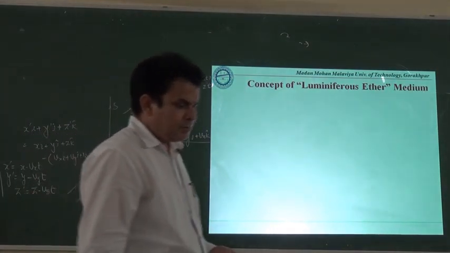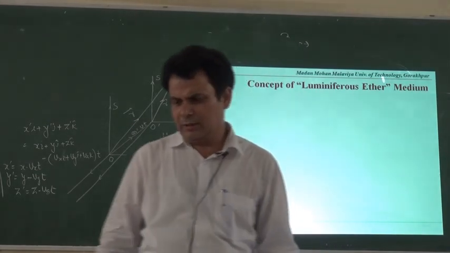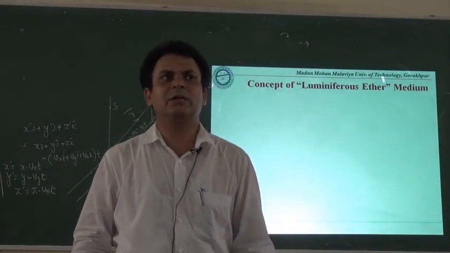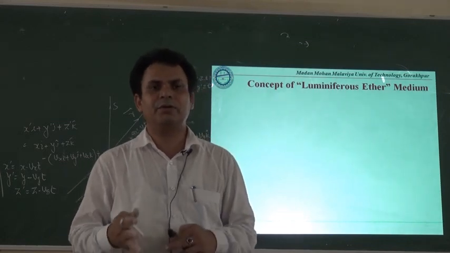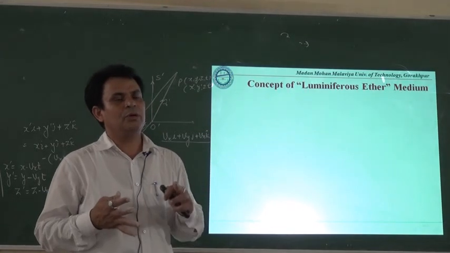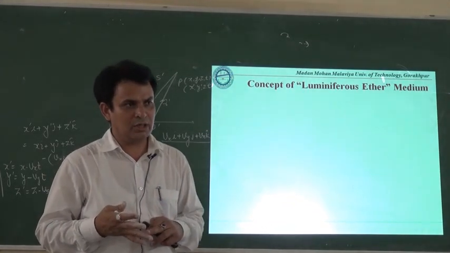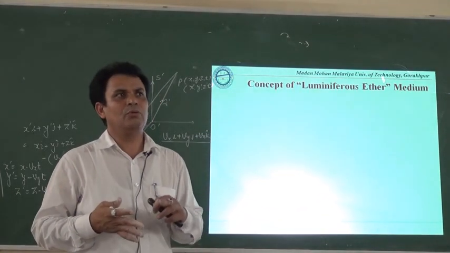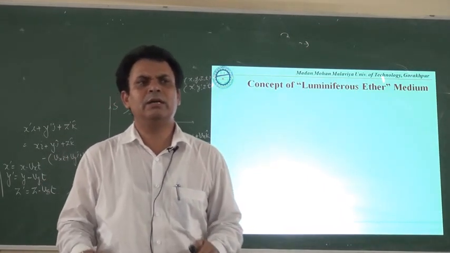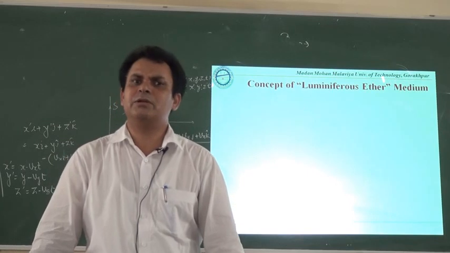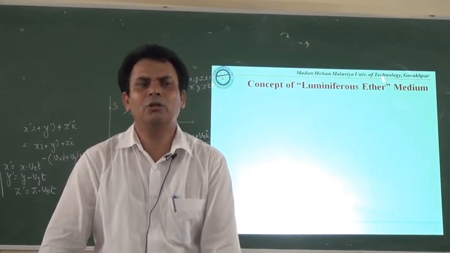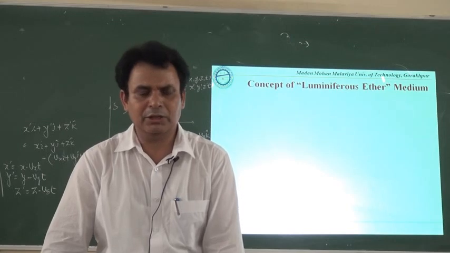Now, in order to measure things which lie universally in this universe, meaning if we wish to measure the speed of light, the motion of Earth, or the motion of other planets, there must be a particular universal frame with respect to which all the measurements can be carried out.